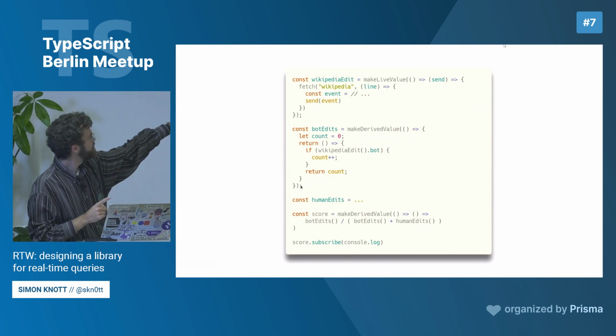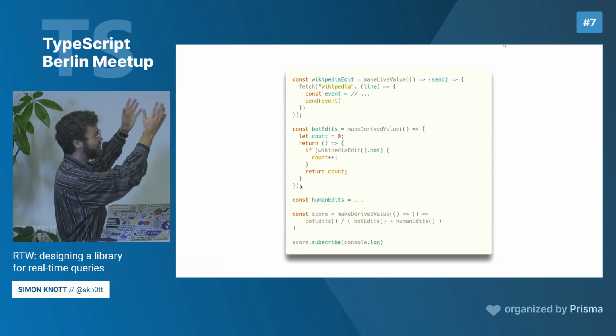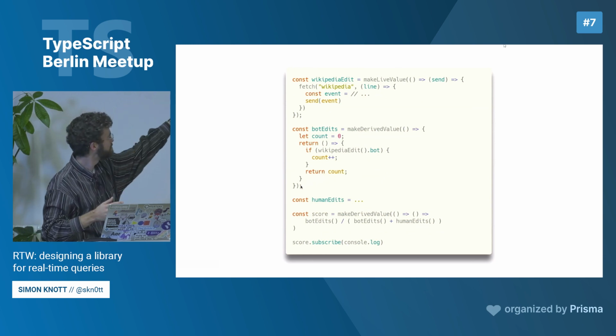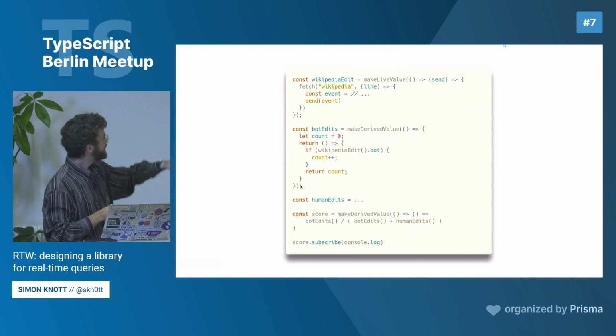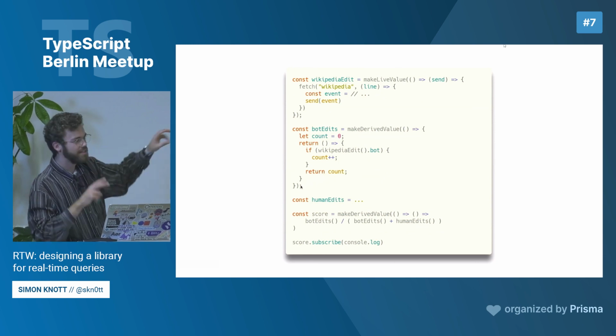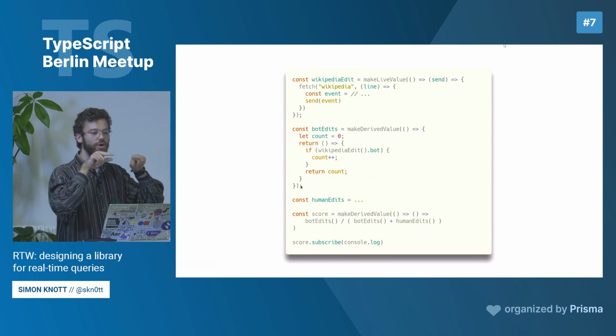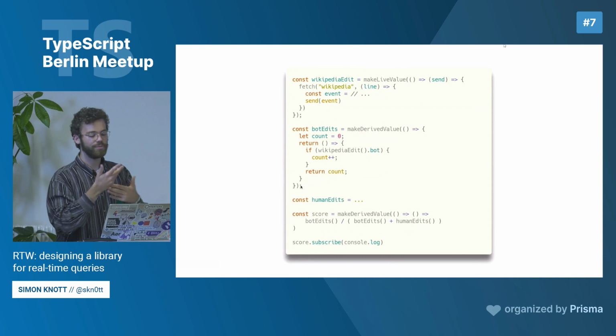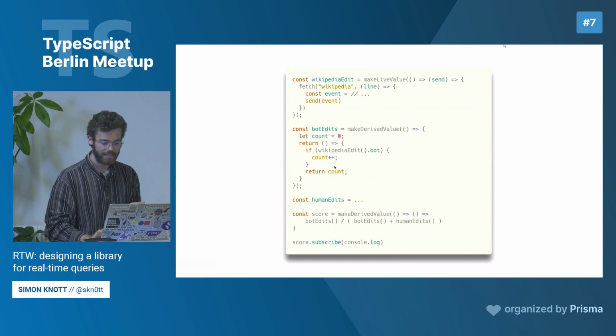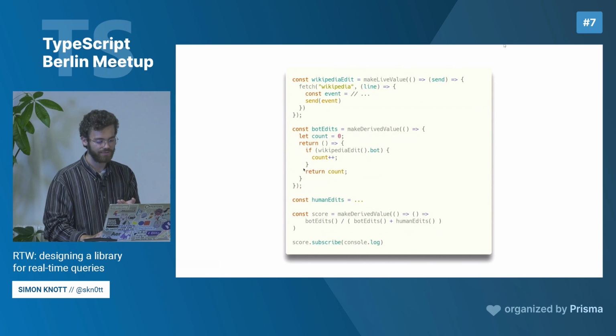And in this initialization, we can just have variables. We have this variable count, and we can then use that later. And then what we return is this derivation function that we've already seen before. So what the framework will do is whenever bot edits is used for the first time, it will execute this thing, and it will get back this thing.